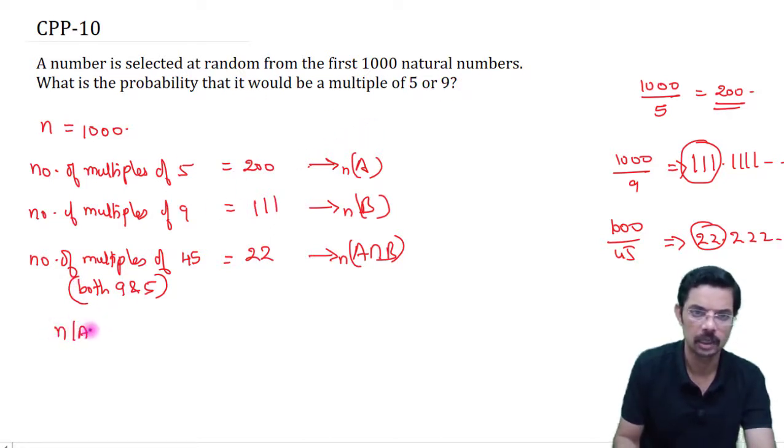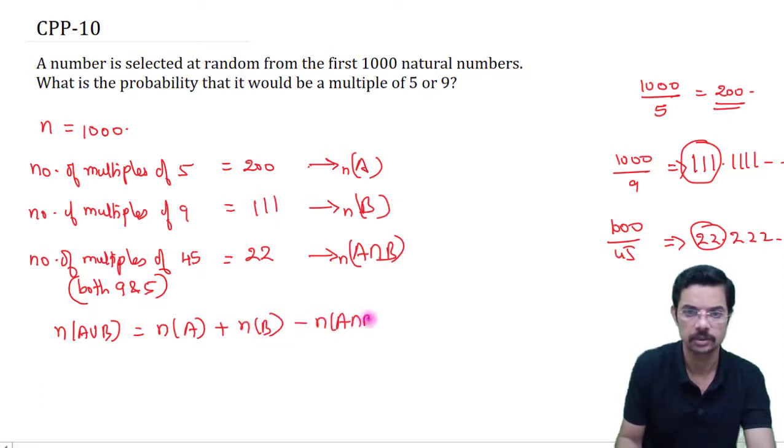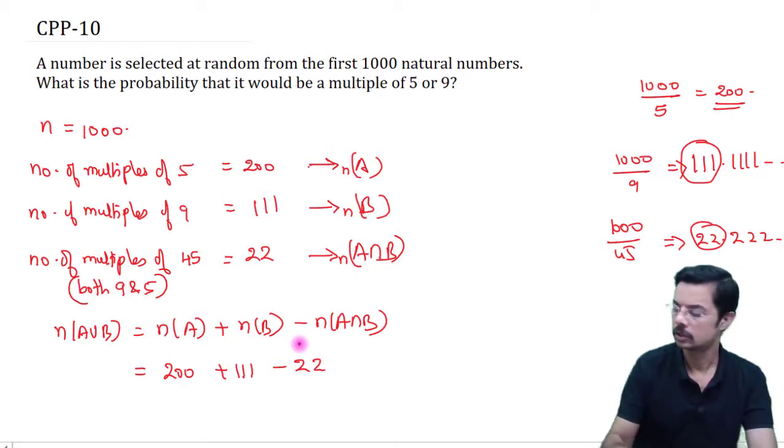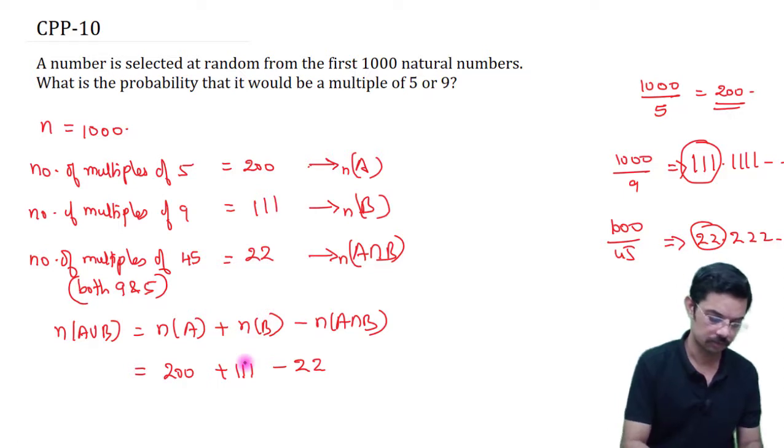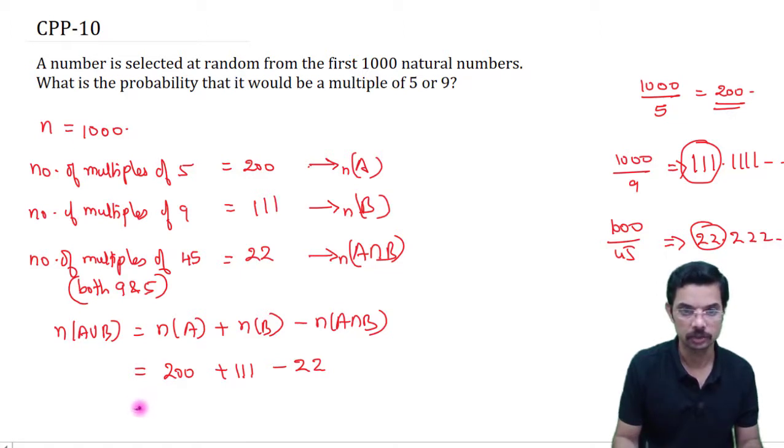So the number of elements in A union B will be equal to the number of elements in A plus the number of elements in B minus the number of elements in A intersection B, because those are the elements which we have counted twice. So here we have 200 plus 111 minus 22, which will be equal to 289.